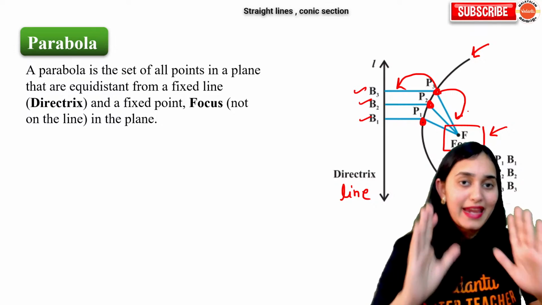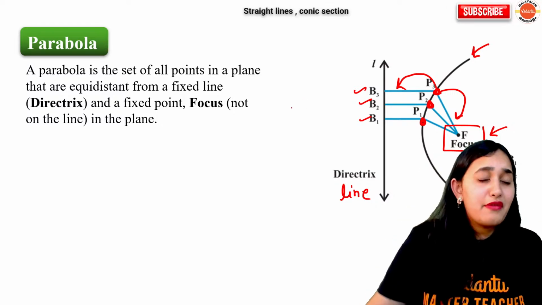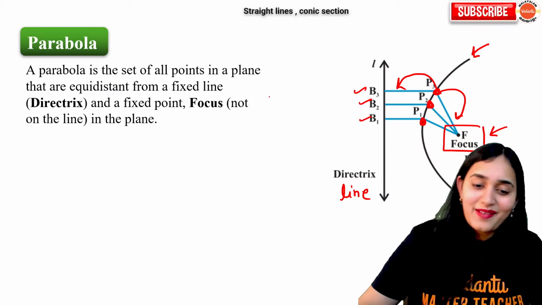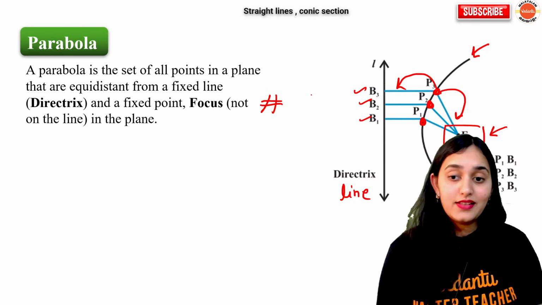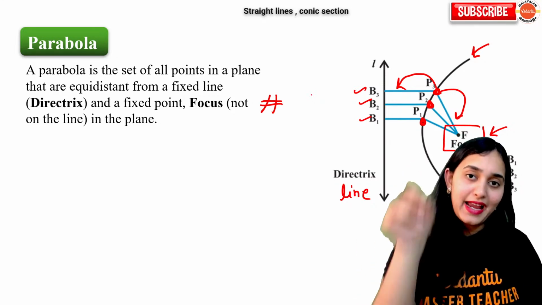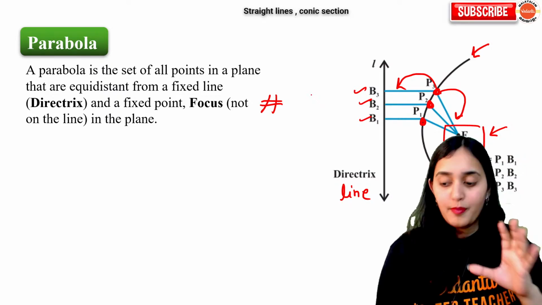That is the basic concept of a parabola. Now, why am I stressing on this concept? It is also very important. In some questions, you will have to apply this concept itself, focus and directrix.